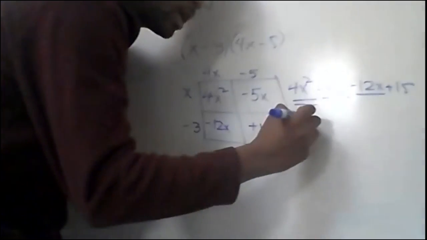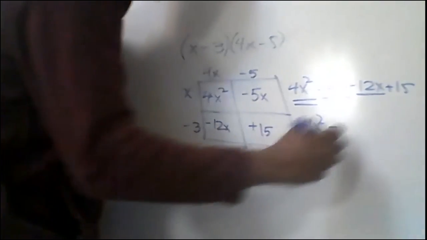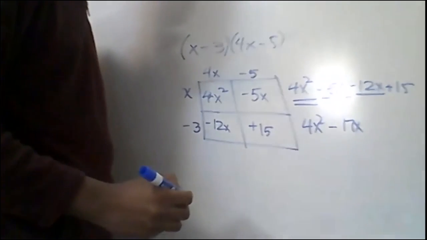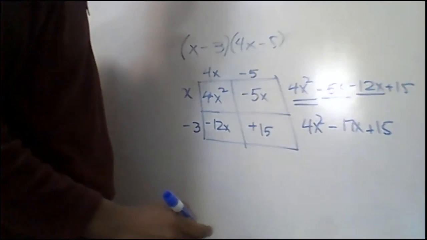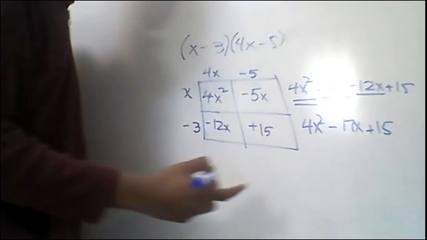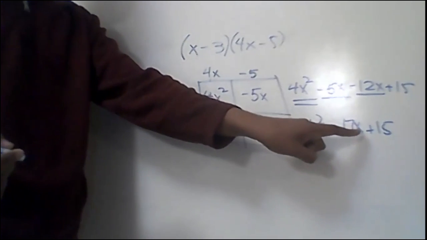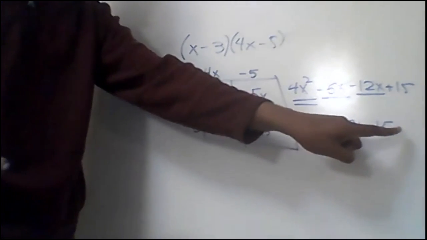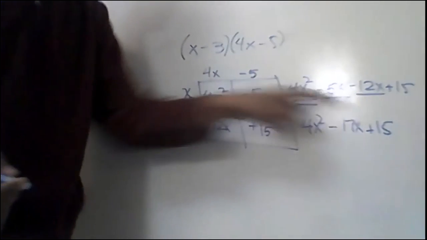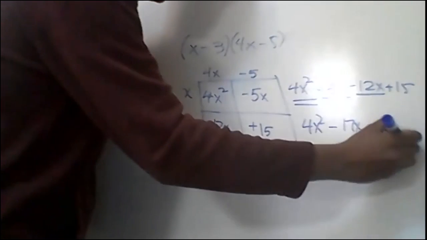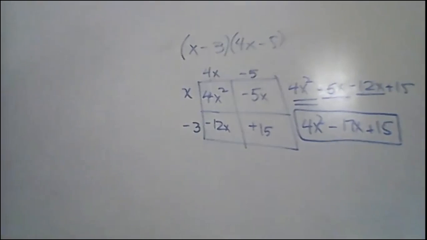So I got 4x squared minus 17x plus 15. Now, can I do anything else? Let me see. I got x squared. Okay, I got x by itself essentially. Okay. I got a number without an x on it. That means these cannot combine together anymore. That's it.